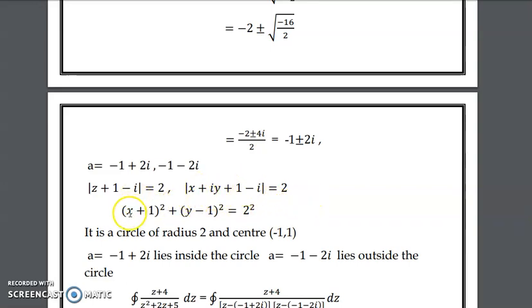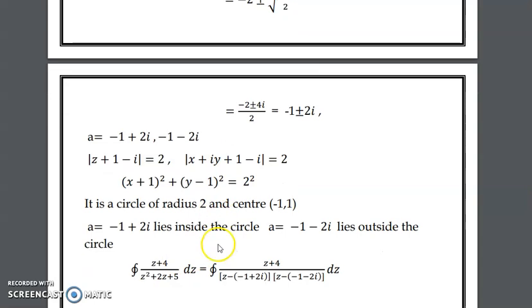Splitting the modulus using the root formula: x plus 1 whole squared plus y minus 1 whole squared is equal to 4. So the circle has radius 2 and center minus 1, 1. a equal to minus 1 plus 2i lies inside the circle, and a equal to minus 1 minus 2i lies outside the circle.